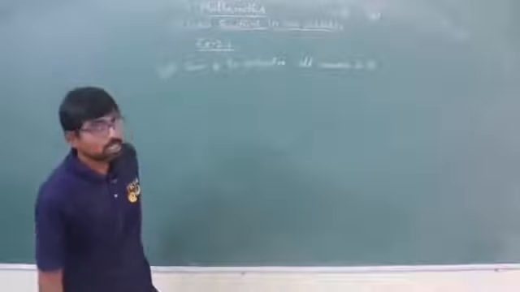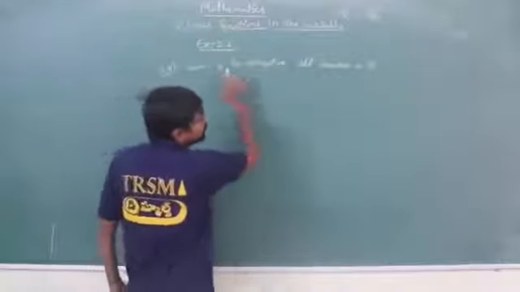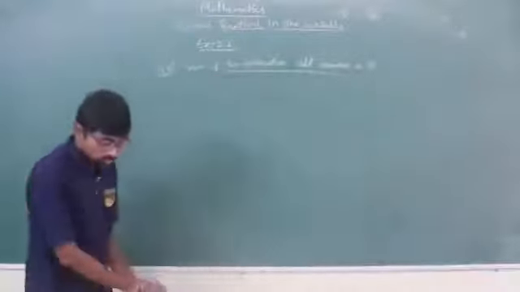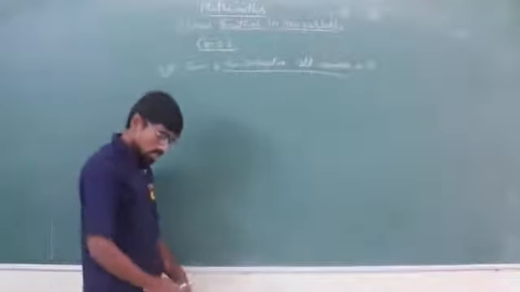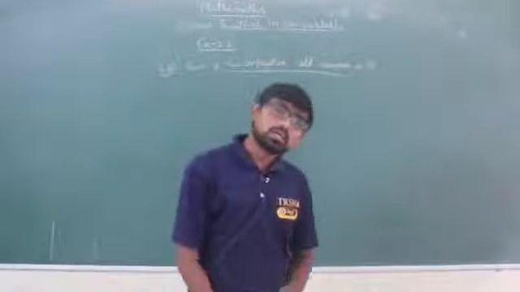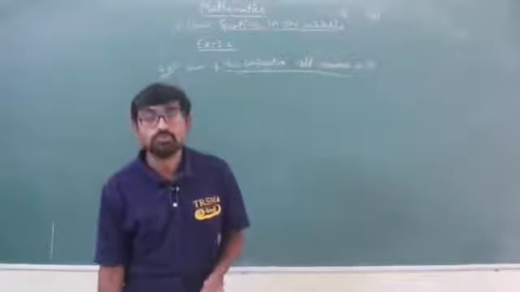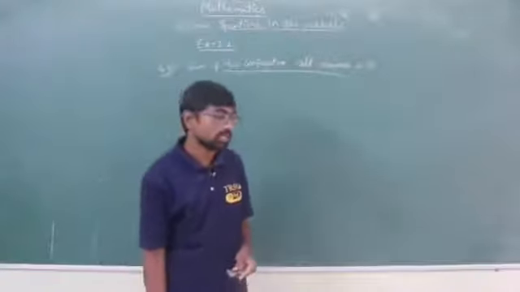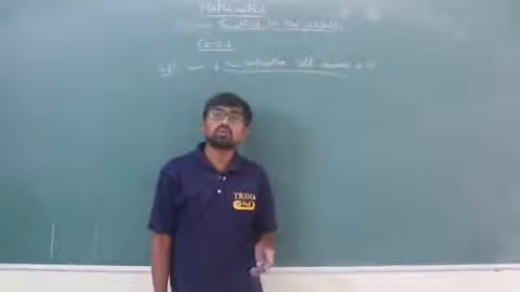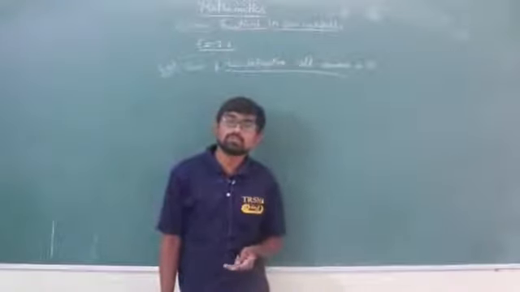Here he has given 2 consecutive odd numbers. Can you tell me what odd numbers are? Odd numbers are those numbers which can't be divided by 2. That is one definition: the numbers which are not divisible by 2 are called odd numbers, isn't it?